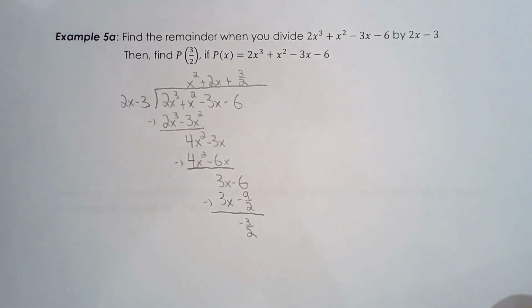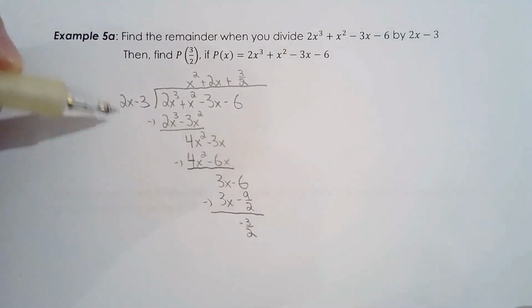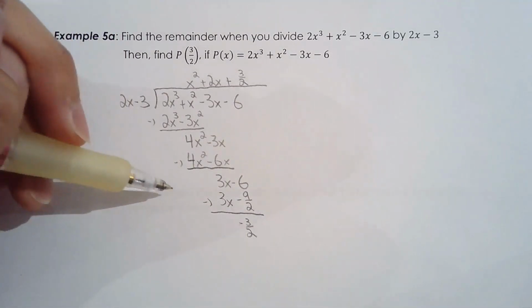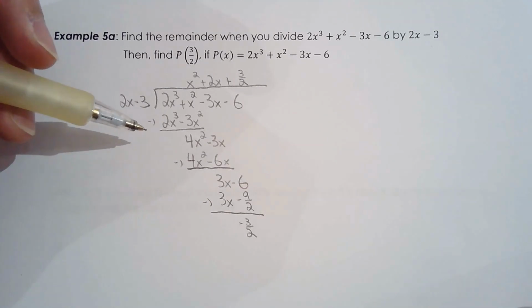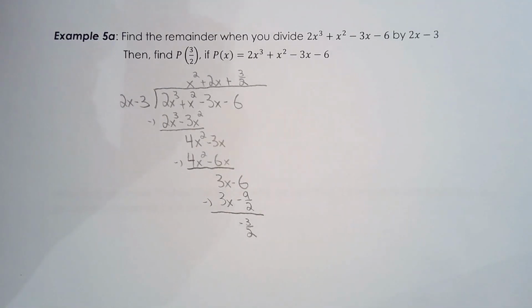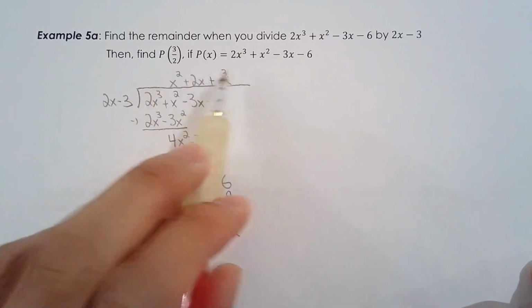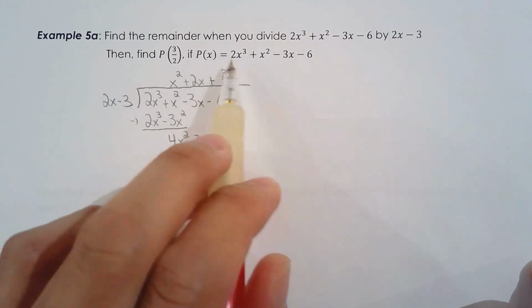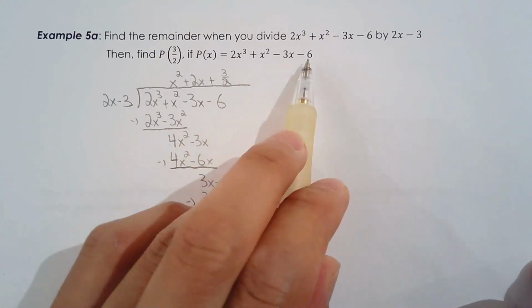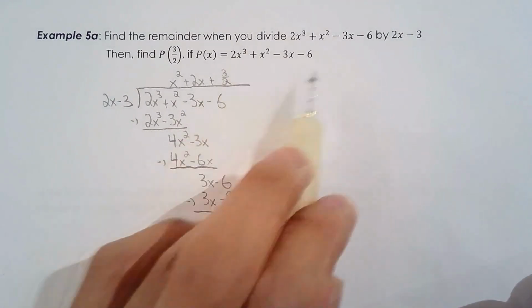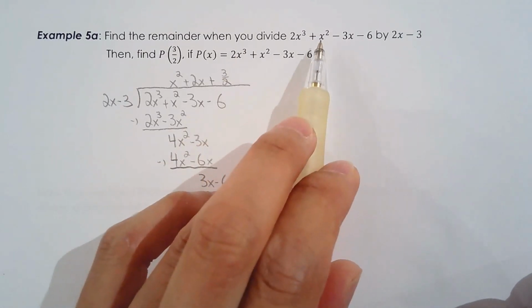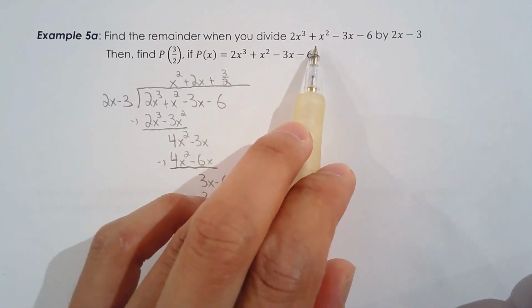Now, that was a lot of work. Like I said, I really don't want to do all this long division to find the remainder. It would be really nice to be able to find the remainder without it. Oh, hey, let's find p of 3 over 2 if p of x is equal to 2x cubed plus x squared minus 3x minus 6. Hey, wait a minute. This is exactly the same as the dividend.